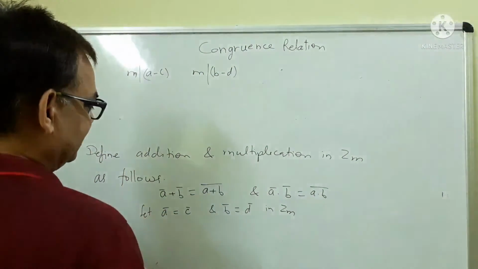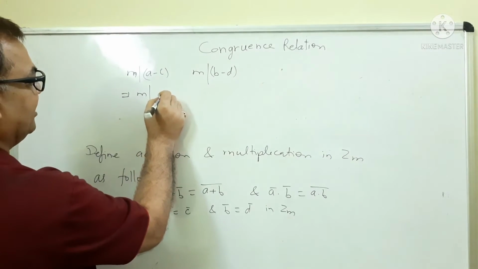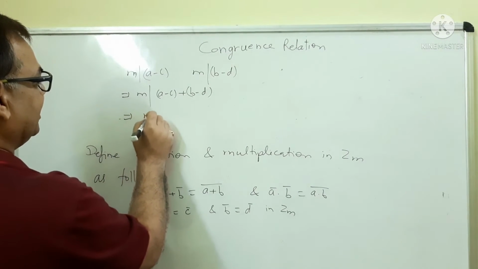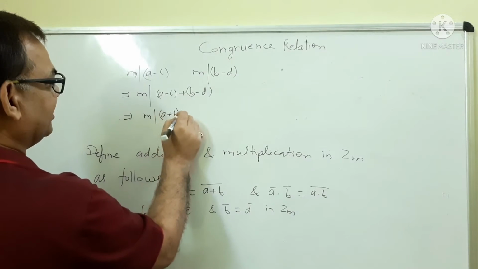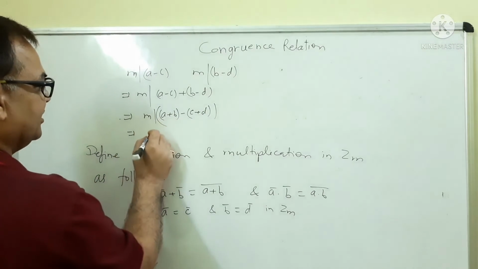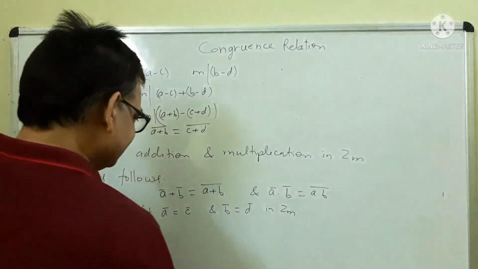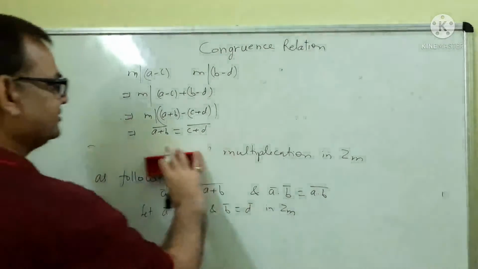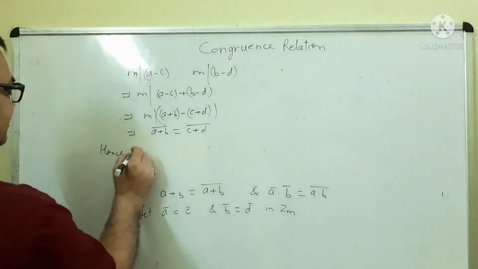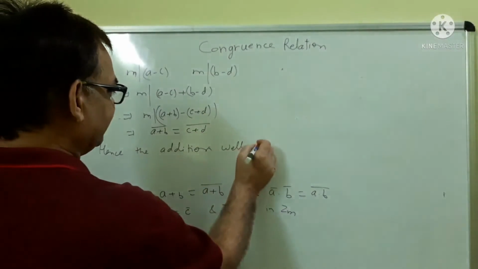This implies m divides (a minus c) plus (b minus d), which implies m divides (a plus b) minus (c plus d), which implies a plus b bar is equal to c plus d bar. Hence the addition is well defined.